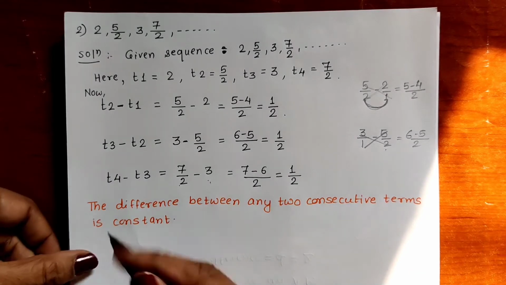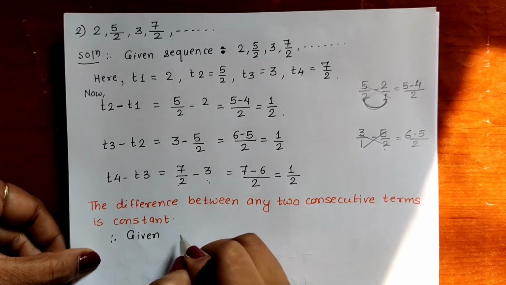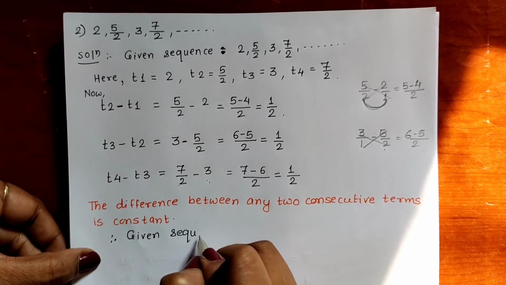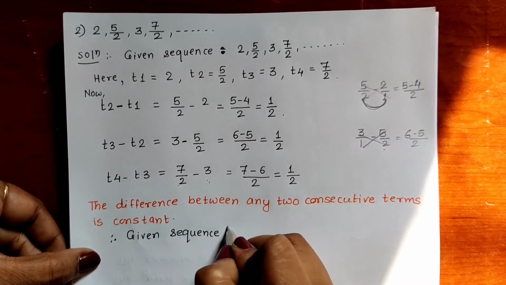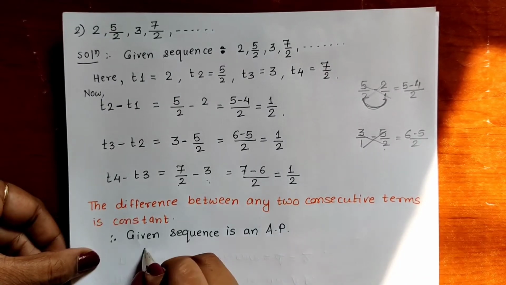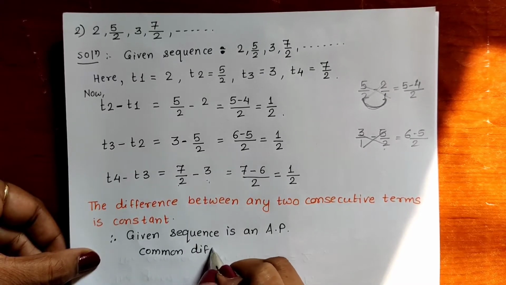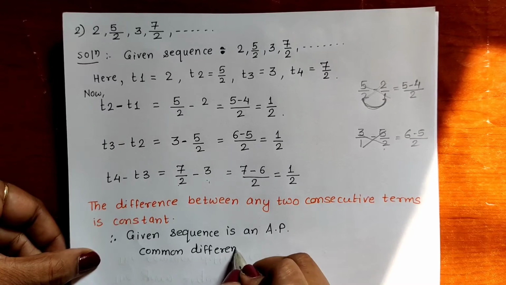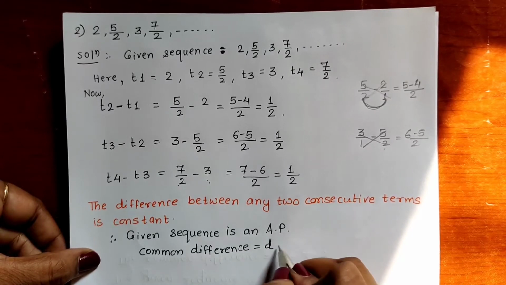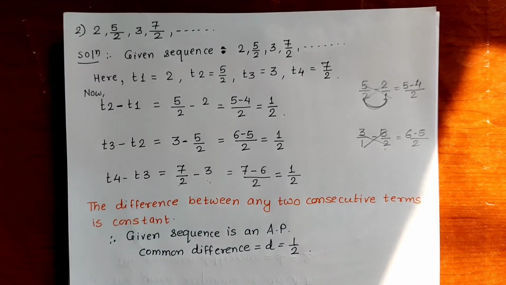And therefore, given sequence is an AP and common difference d will be equal to 1 upon 2. In this way, we are going to solve all these sums. I am going to solve and I will be showing you the solutions.